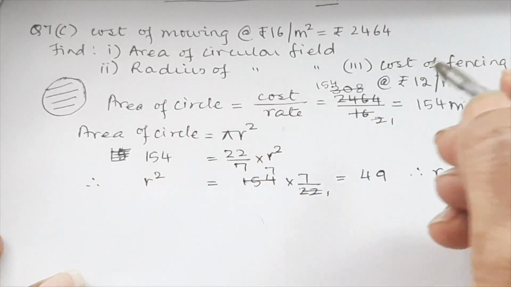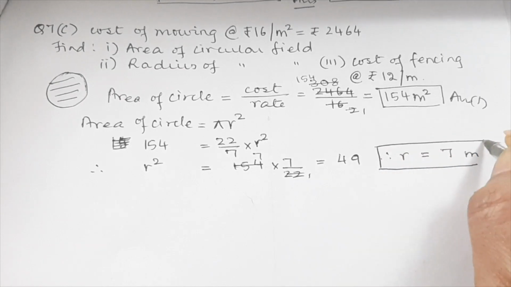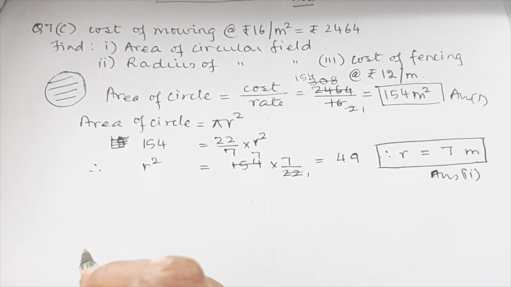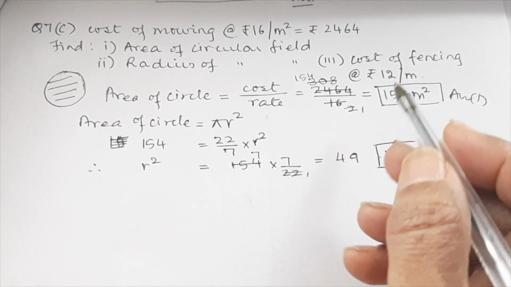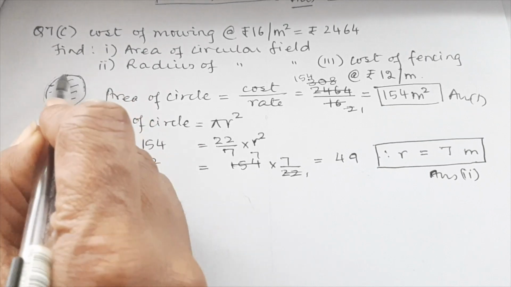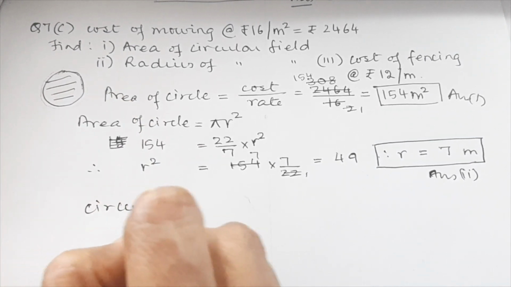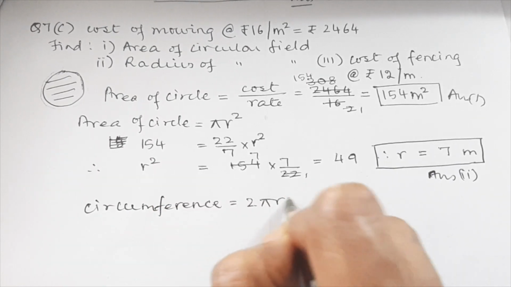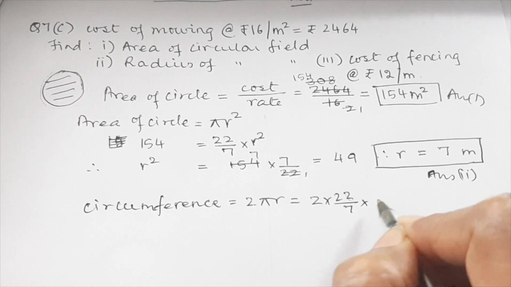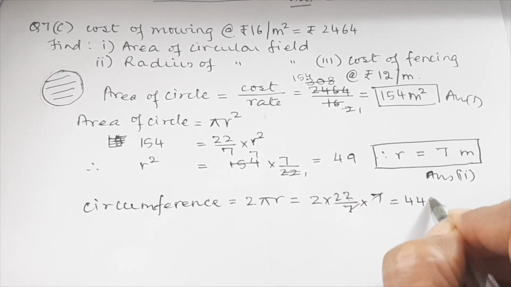Now, area of the circular field, we got this. We found our radius also 7 meter, and this was our answer 2. And then the third part is find the cost of fencing. Now the fencing will go right round, which means you have to find the circumference. So circumference is 2 pi r, which will be 2 into 22 upon 7 multiplied by radius is 7. 7 gets cancelled and we will have 44 meter.